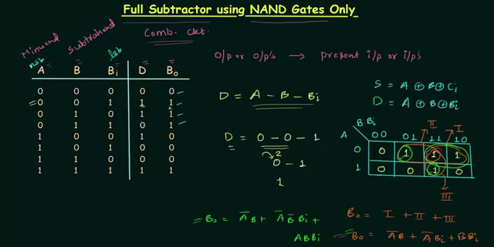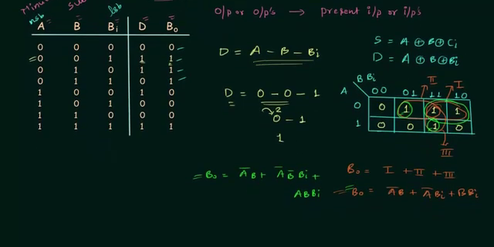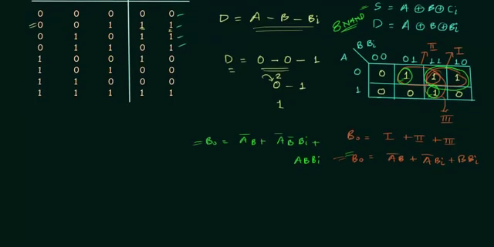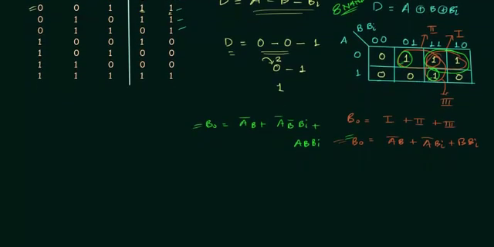Now we will realize the full subtractor using the NAND gates. Difference is A XOR B XOR BI, which is similar to sum. We will use 8 NAND gates to realize the difference, because we can implement XOR gate using 4 NAND gates. So I will first make 4 NAND gates.